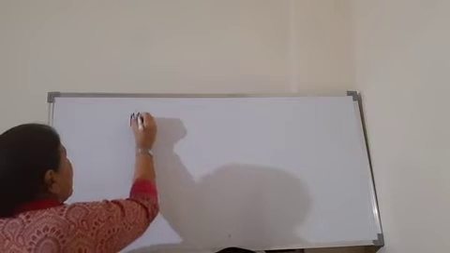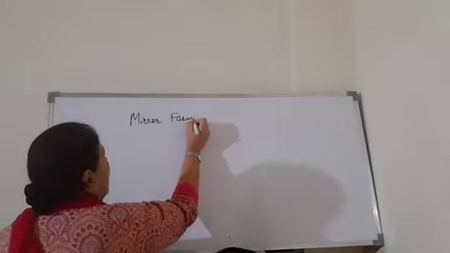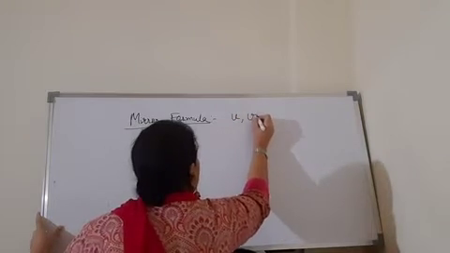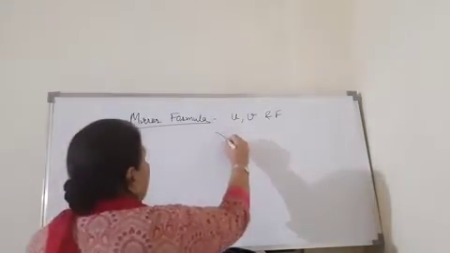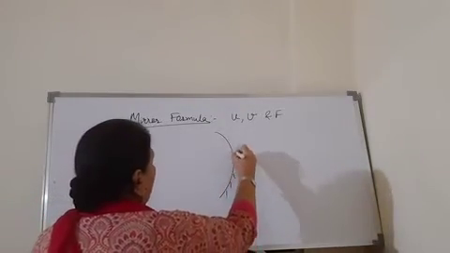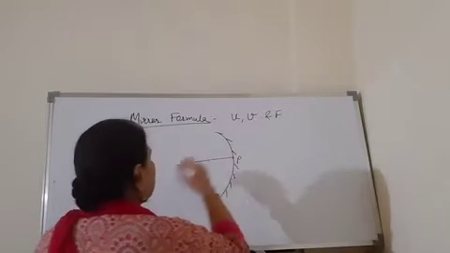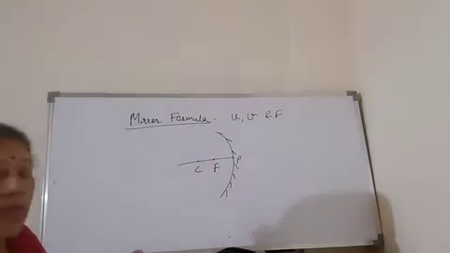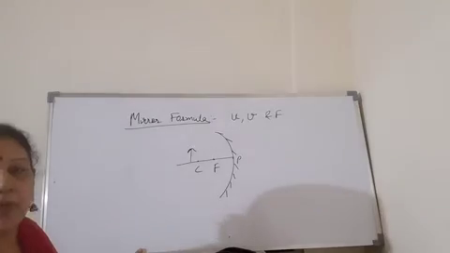So here we have the formula which gives us the relation between U, V and F. And what are these? Say we have a mirror again. This is the pole. This is the principal axis. Say this is C. This is F. So let's assume the object is placed somewhere here.